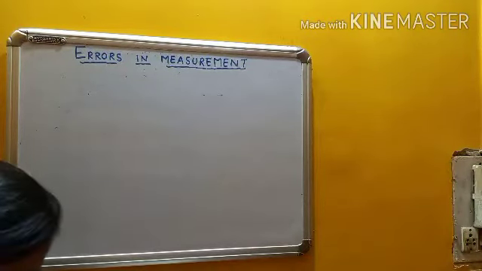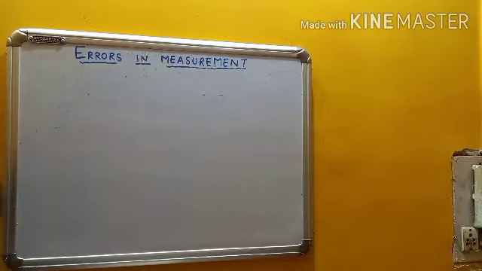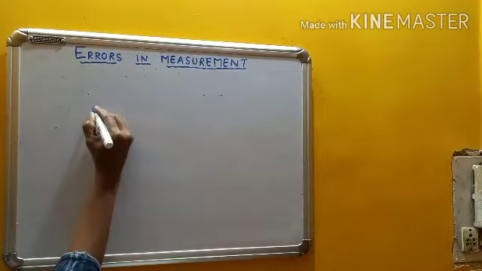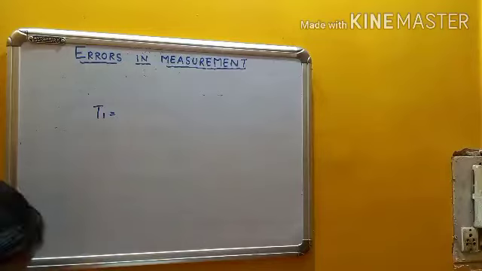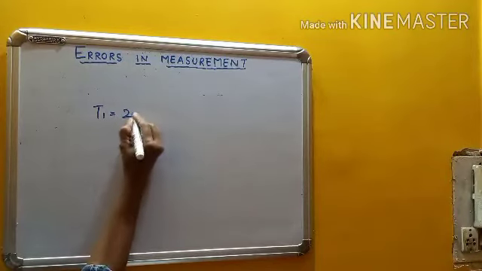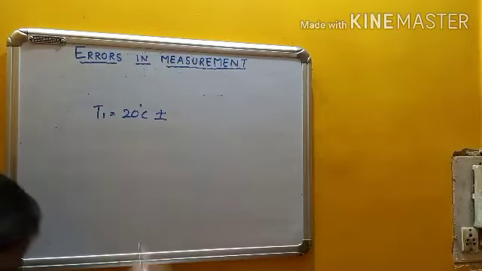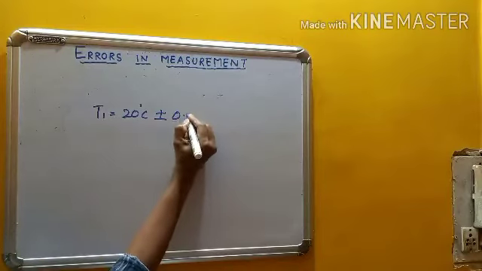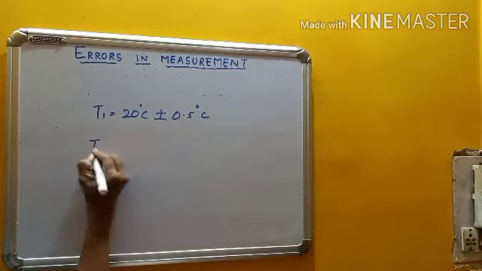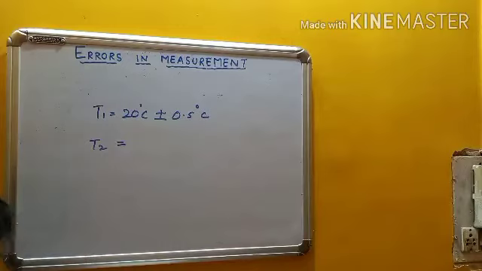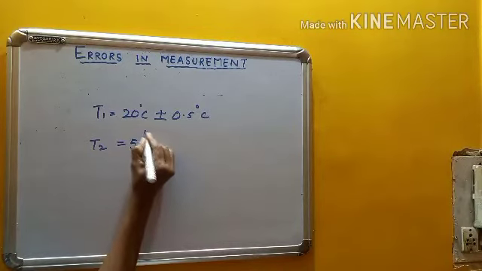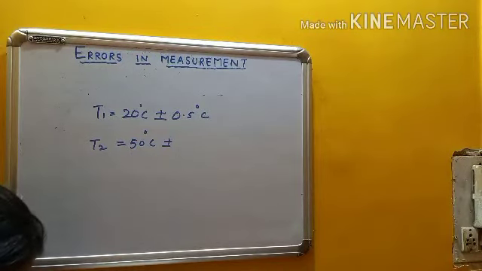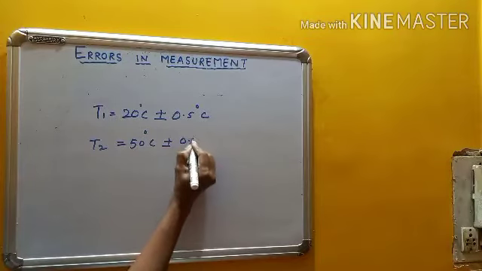Now coming to the second question. As per the second question, you have to find out the temperature difference. Two temperatures are given. The initial temperature of the body, T1, is given as 20 degrees Celsius plus minus 0.5 degrees Celsius. And the final temperature T2 is given 50 degrees Celsius plus minus 0.5 degrees Celsius.